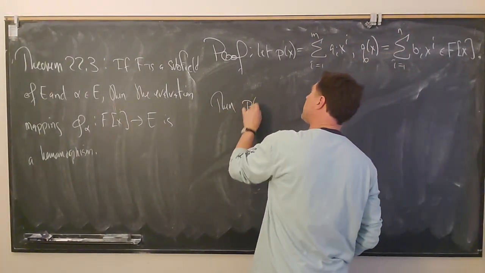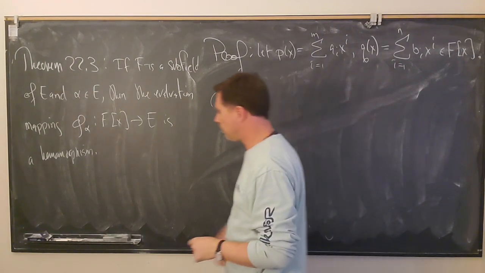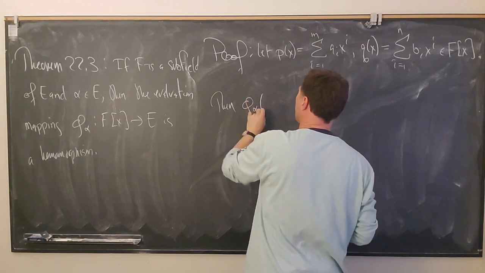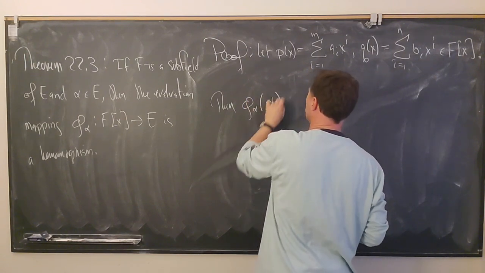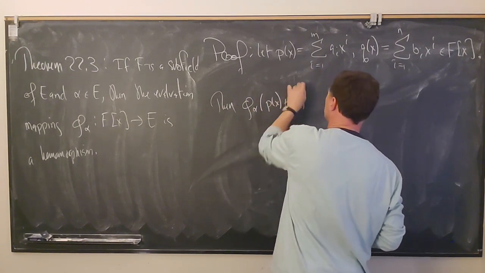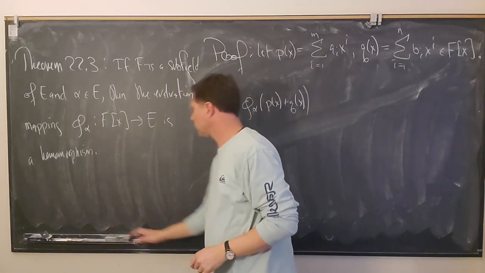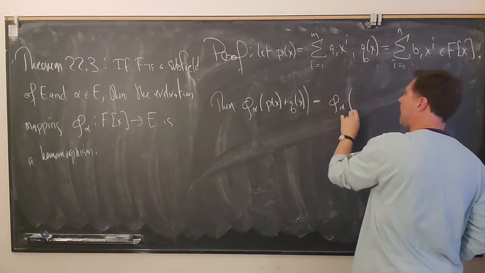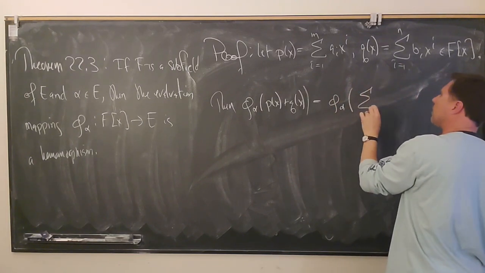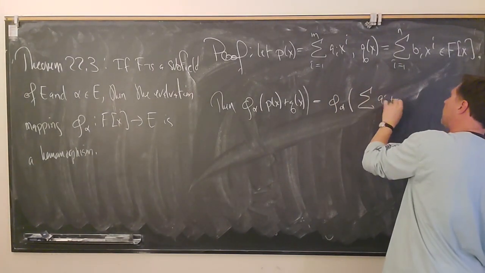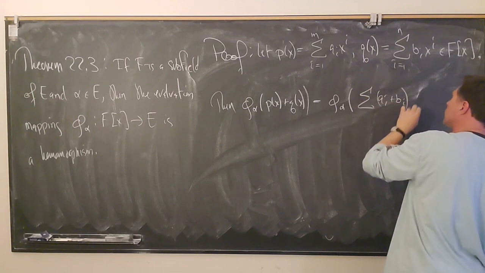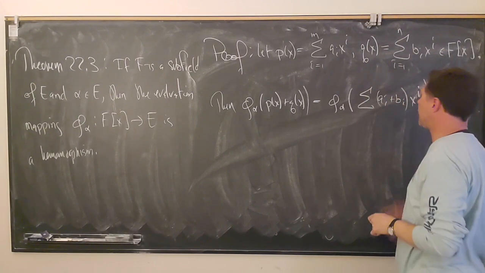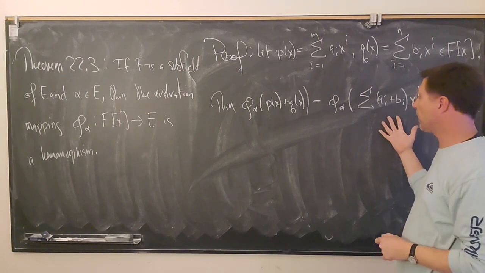So then when we look at p of x, homomorphism, phi sub alpha of p of x plus q of x is equal to phi sub alpha of sum (a_i plus b_i) times x to the i. This is what you get when you add p of x and q of x.